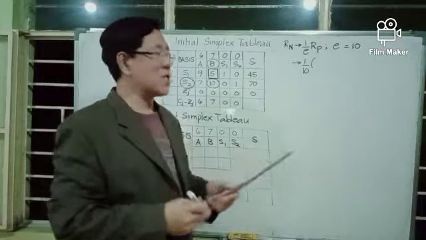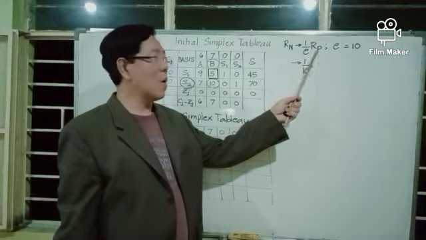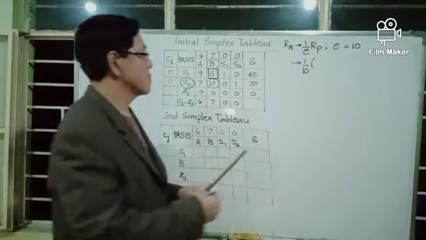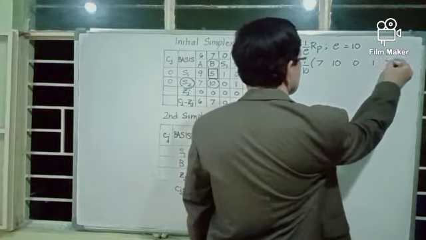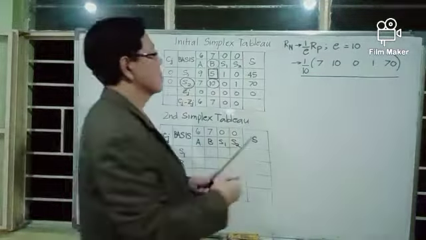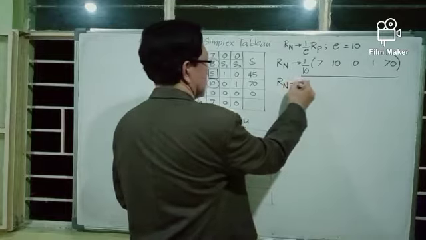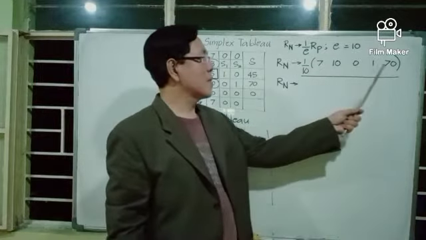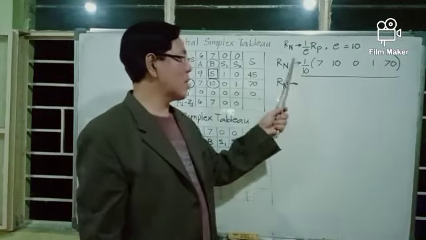We multiply the entries of the old pivot row, 7, 10, 0, 1, 70, by 1 over 10.